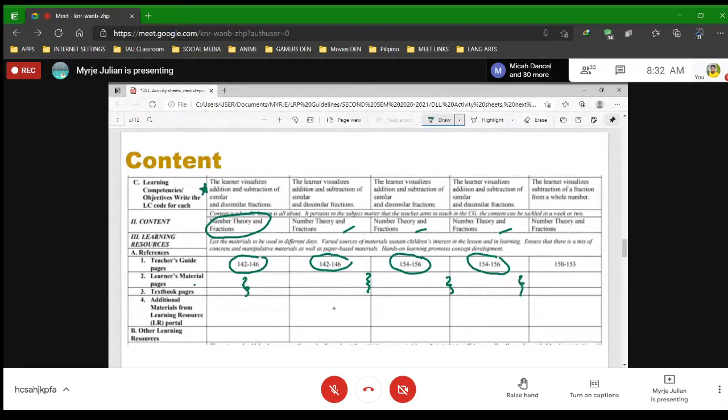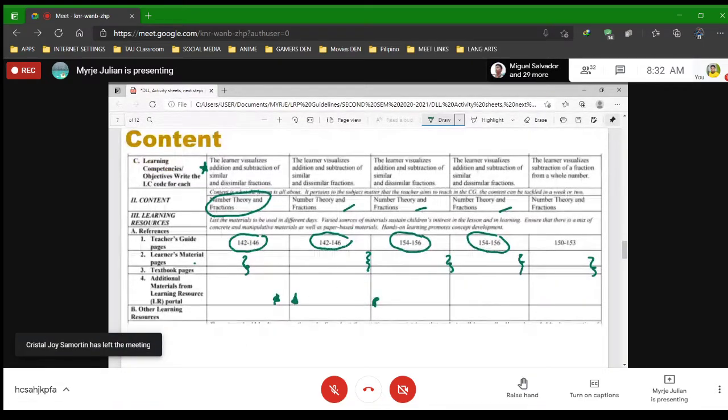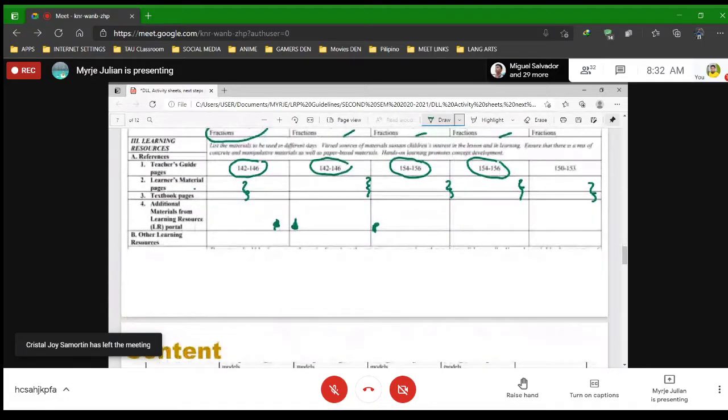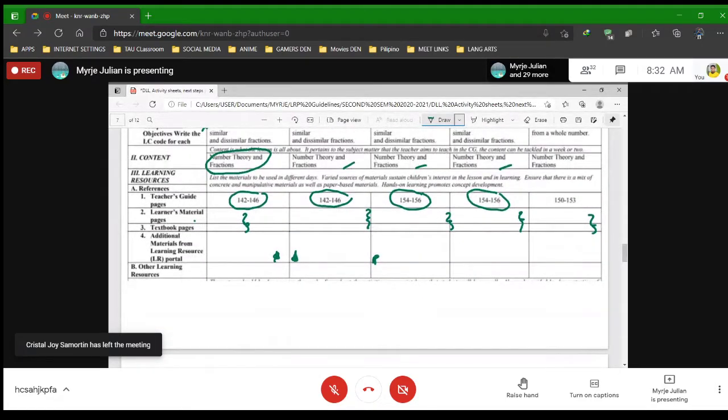Now, kung galing naman sa internet, dito kayo sa additional materials maglagay ng input, or pwede rin naman sa other learning resources. Doon sa other learning resources, accepted yung mga websites ng mga blogs or articles na makikita ninyo.